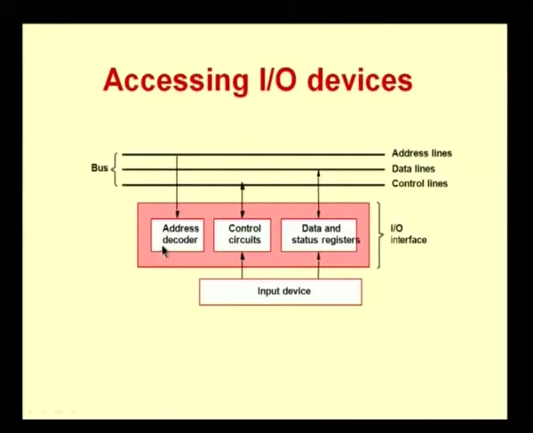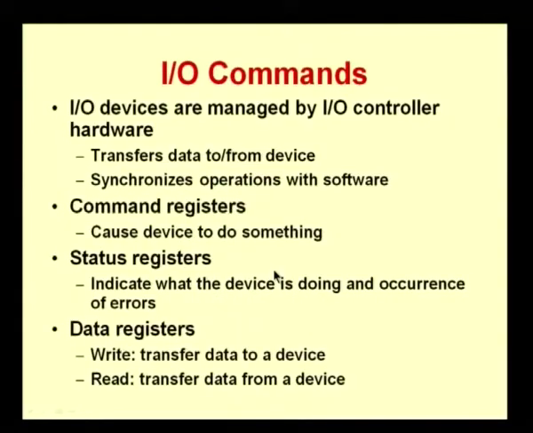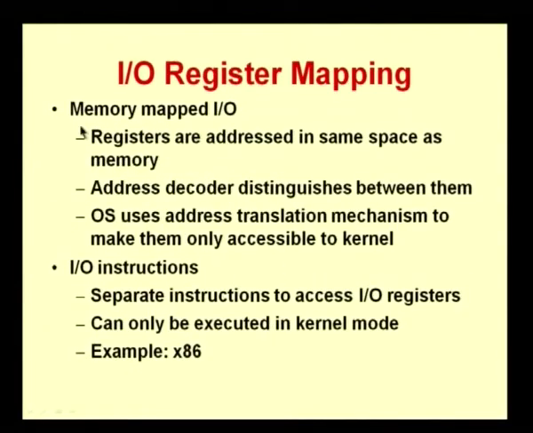We have said that there is an address decoder, which will look at the address and decode it and identify that it is this particular device which is being addressed. That is not a problem. What we need to understand is where exactly these addresses are specified. We know that for memory, there is a set of addresses given, but what about I/O addresses?